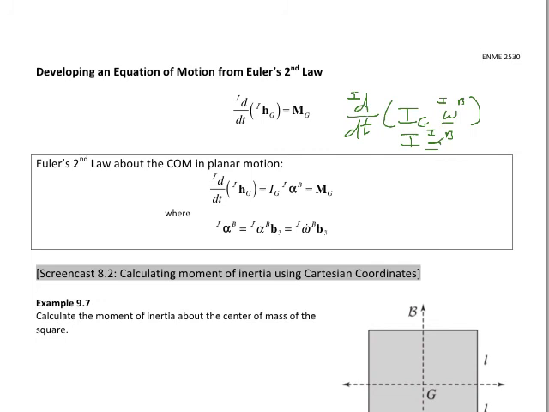And so now Euler's second law about the center of mass and planar motion ends up being the expression the moment of inertia multiplied times the angular acceleration vector is equal to the moments caused by all the forces about the center of mass.